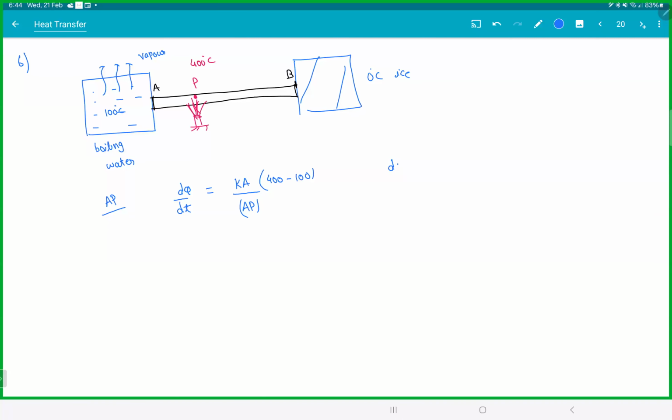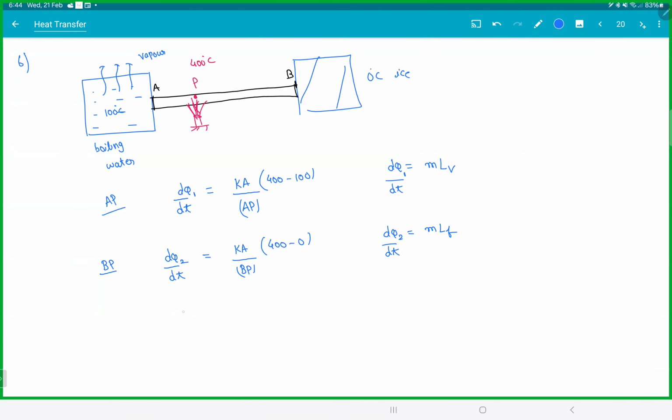And remember, whatever heat you're sending here will be mass into latent heat of vaporization. For BP, dQ by dt, let's call them 1 and 2, okay? K, A, temperature difference is 400 minus 0 degrees by BP. So here, whatever heat is going is for M into LF, this is actually per time only, because M is mass per second.